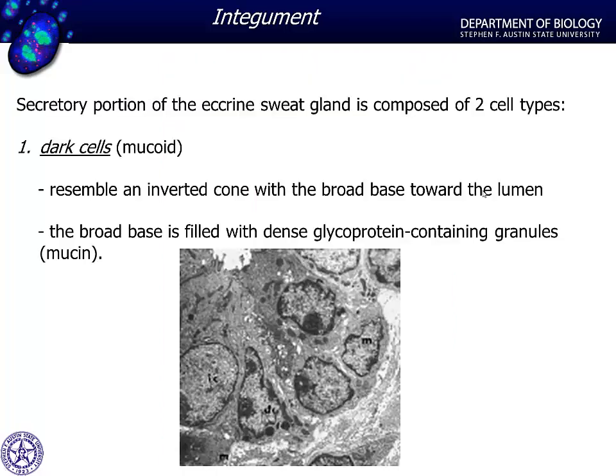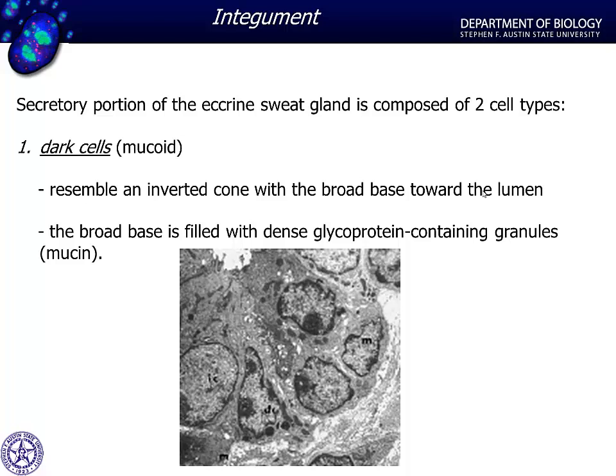Now, within the parenchyma, we're going to have dark cells, and these are the more mucus-like in their product. When we look at the base, and again, you can really only see these at the ultrastructural level. We're not going to see them at the light level. But these dark cells are basically going to be pyramidal in shape, but they're going to be somewhat upside down. So the base is going to be more toward the lumen, and the point is down toward the basement membrane.